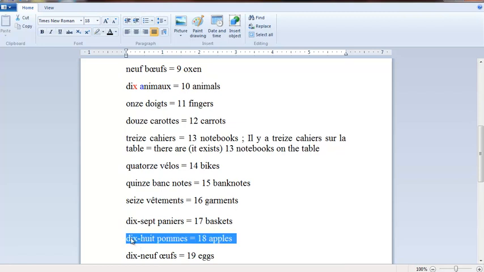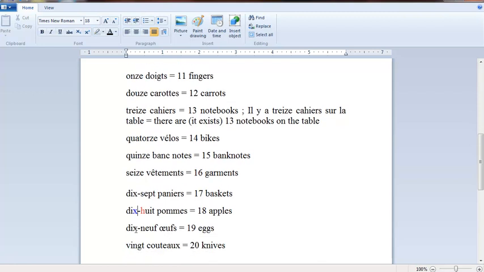Then again you've got this pronunciation rule, X and a vowel or H mute, they are pronounced like Z, X becomes Z. 18 pommes. 18 apples. 19 œufs. 19 eggs. 20 couteaux. 20 knives.